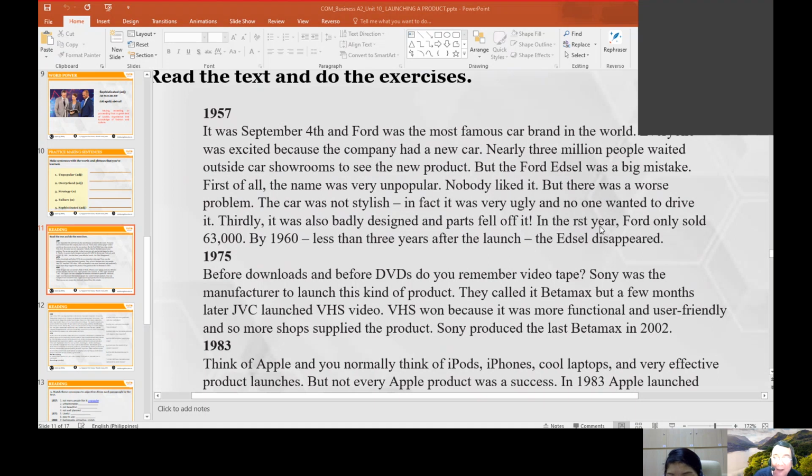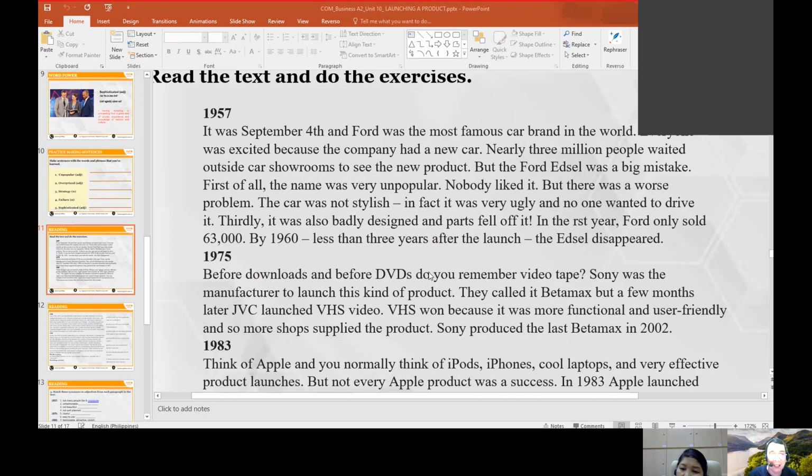In the first year, there were only 63,000 sold. By 1960, less than 3 years after the launch, the Edsel had disappeared.